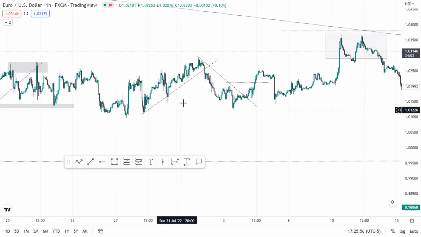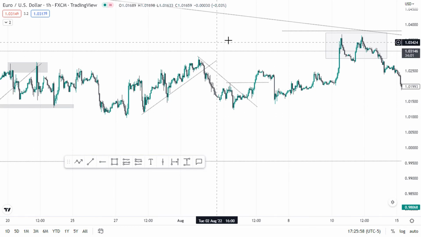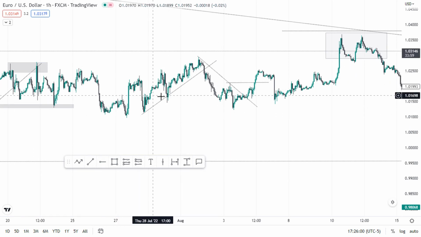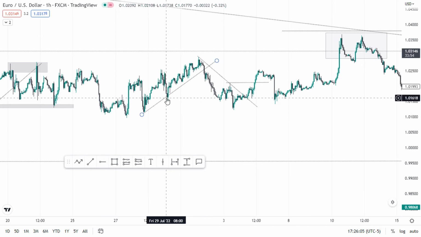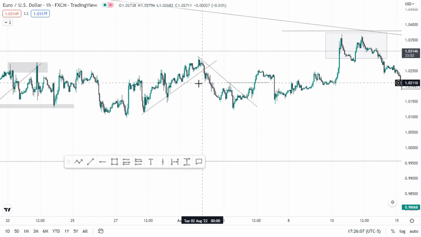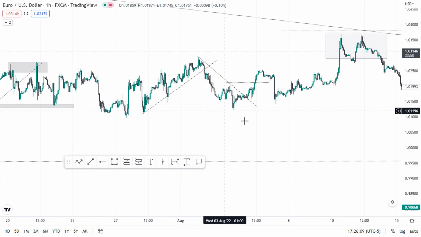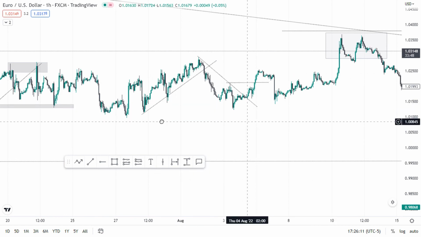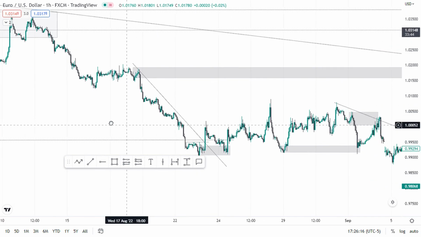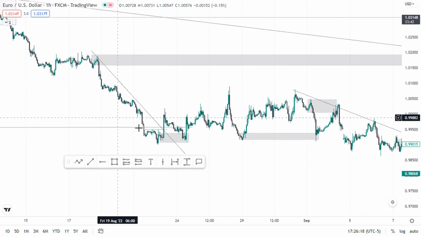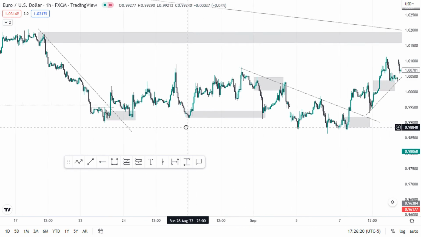So instead of using the trend line to continue with the trend, I would rather use it as a reversal tool. After the market has broken the trend line and broken structure, I then look at how to use other blocks as likely entry zones. So this is basically what encompasses Trendline Phantom.